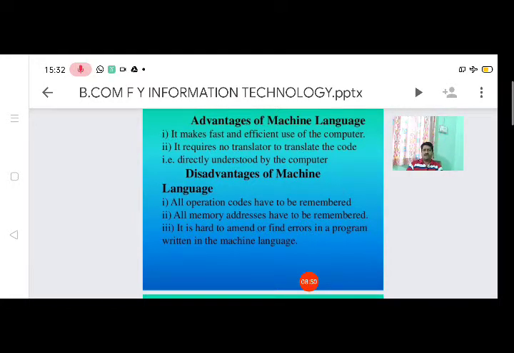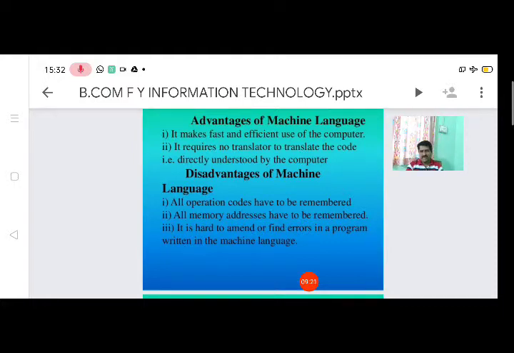Some advantages of machine language. The first advantage, machine language makes fast and efficient use of the computer. Then second, it requires no translator to translate the code. It is directly understood by the computer.